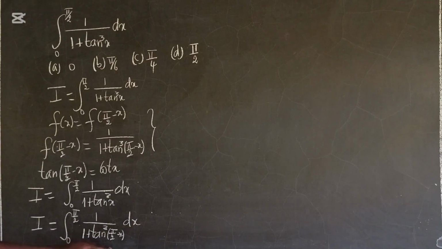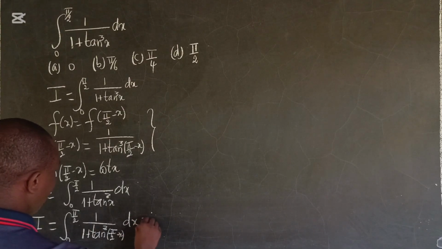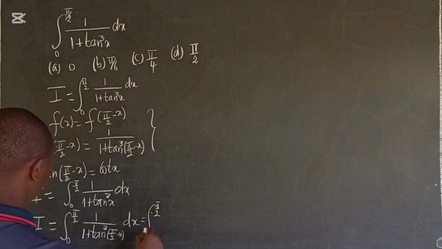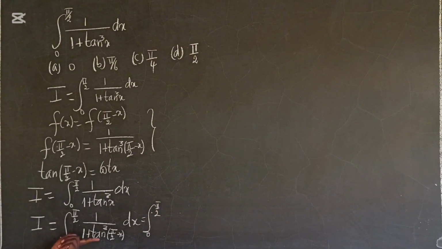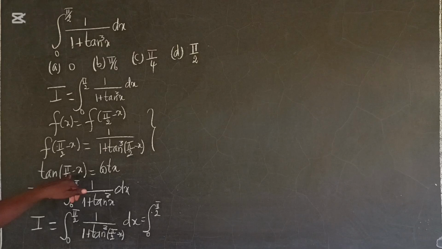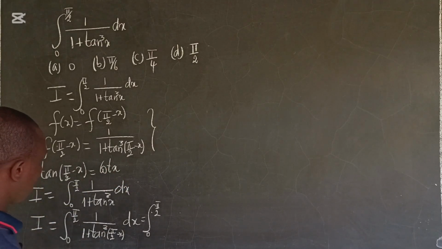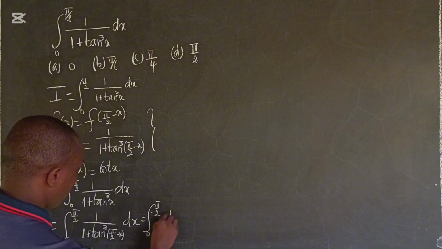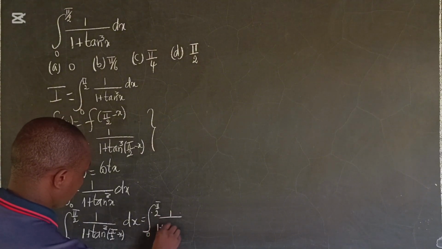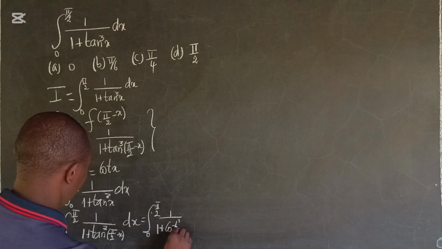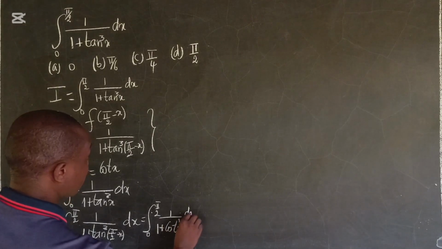And this is the same as the integral from 0 to pi over 2 of 1 over 1 plus cot raised to 3 x dx, because the tangent of pi over 2 minus x is equal to cot x.